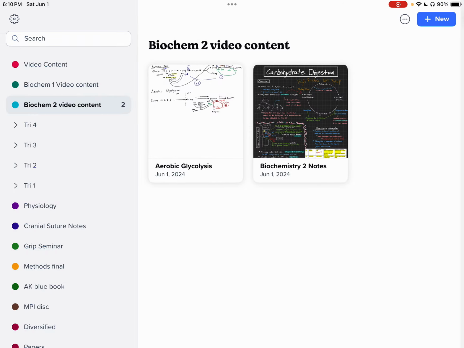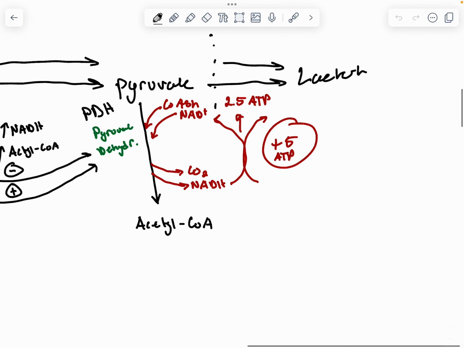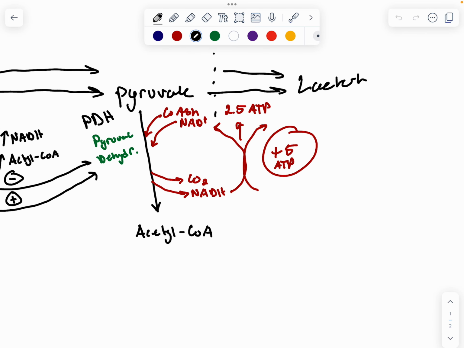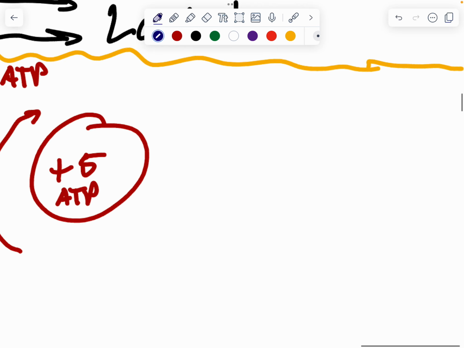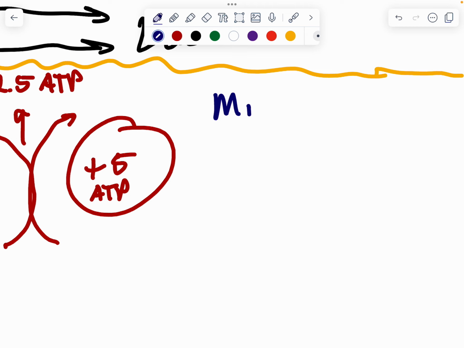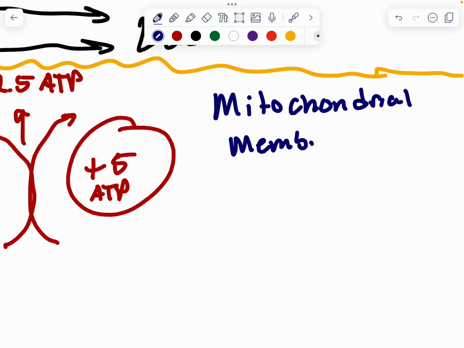And actually, I forgot one fun fact. I apologize for doing all this jumping around, but I'm going to make some squigglies right here and right here. And this PDH system, what I want you guys to know is this system is operating in the mitochondrial membrane.